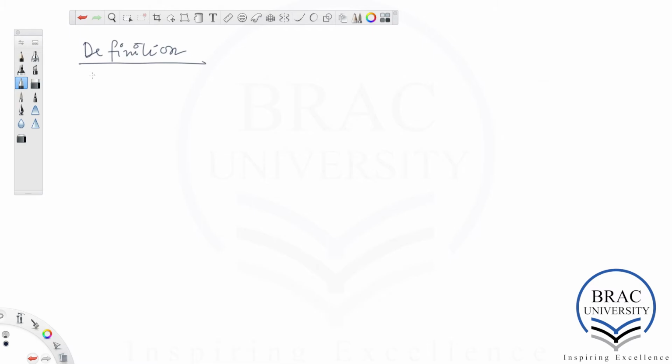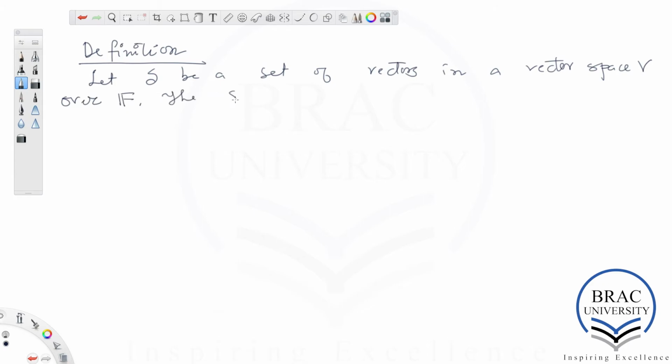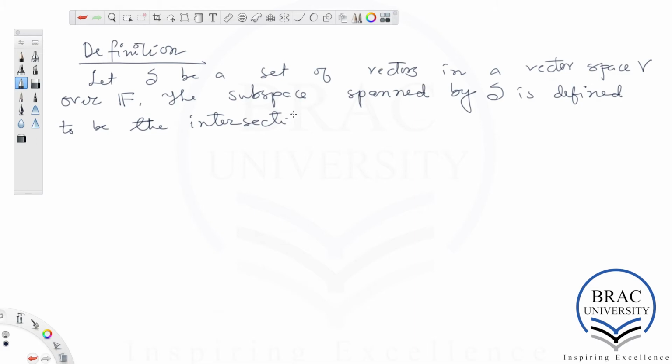Let S be a set of vectors in a vector space V over F. The subspace spanned by S is defined to be the intersection W of all subspaces of V which contain S.